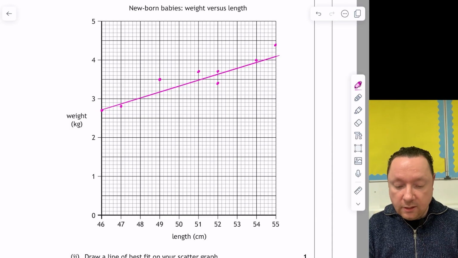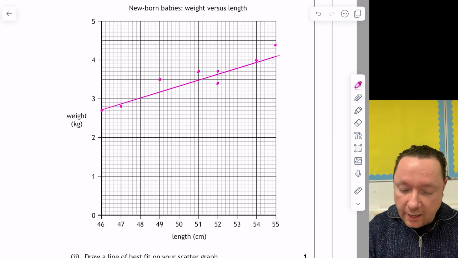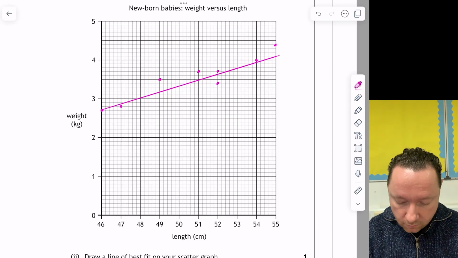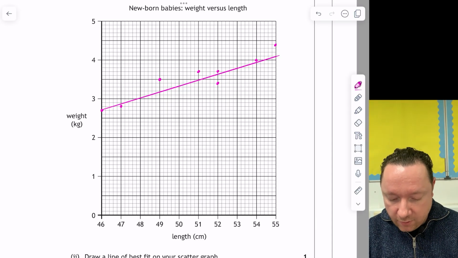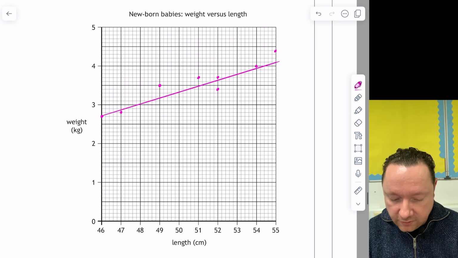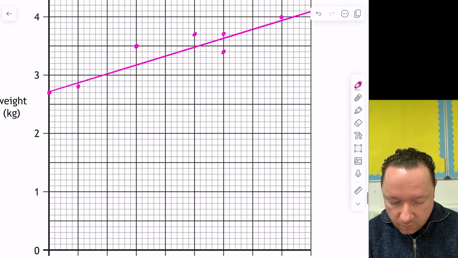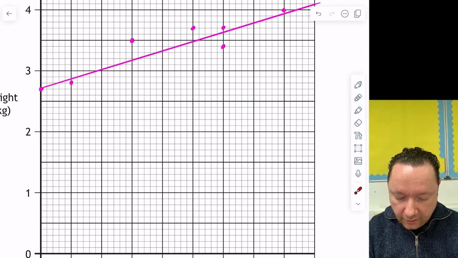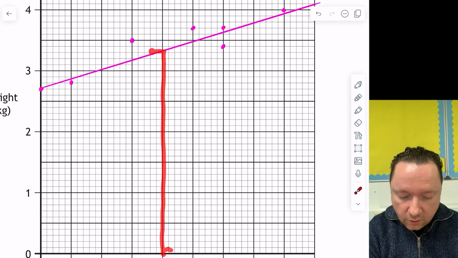As long as it doesn't join the dots and it isn't obviously way off, you'll get the marks for this. Use your line to estimate the weight of a baby who was 50 centimetres when born. So I need to find 50 centimetres. So let me just make that a little bit neater. So I can do this showing you by highlighting this 50. I go up to where it joins the line and then read off the mark.